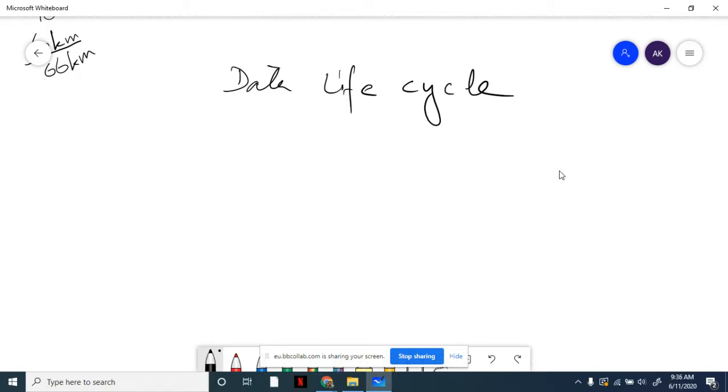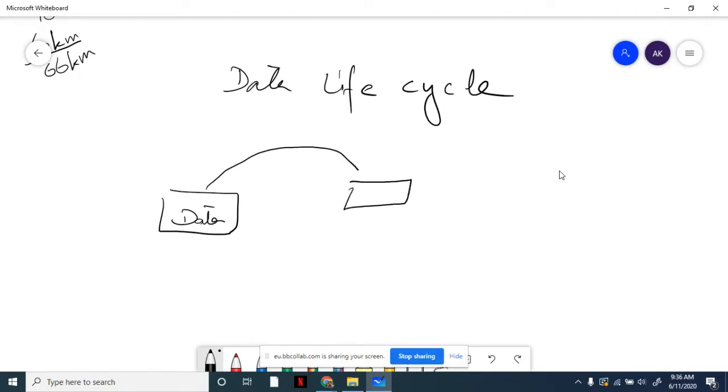So that means it starts from data, moves on to process, and then it moves on to information, then to data. So this is how our data life cycle works.